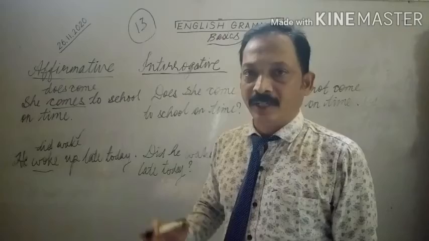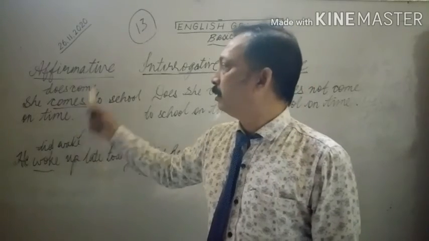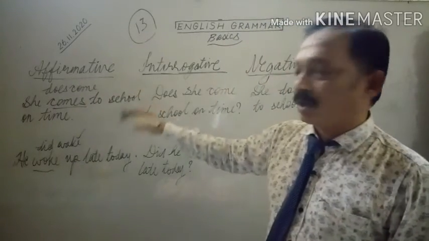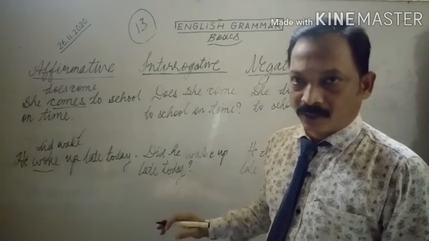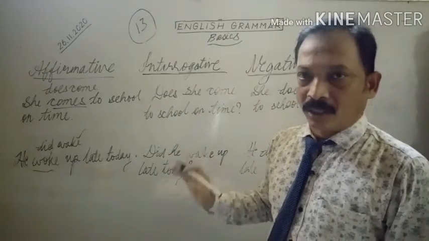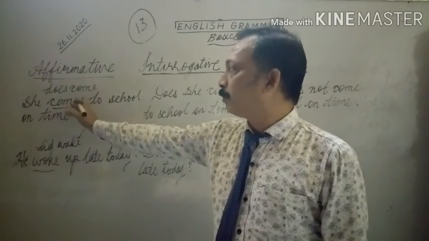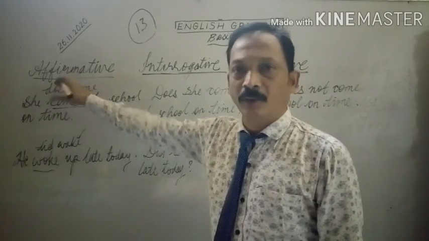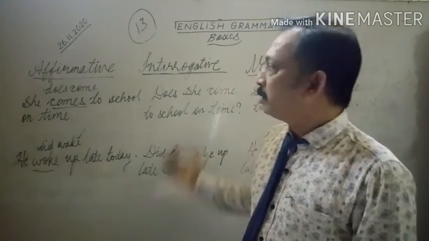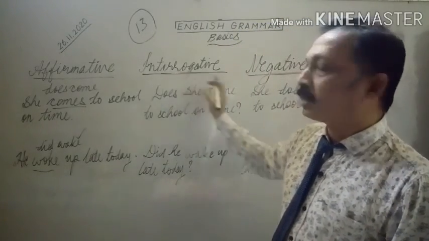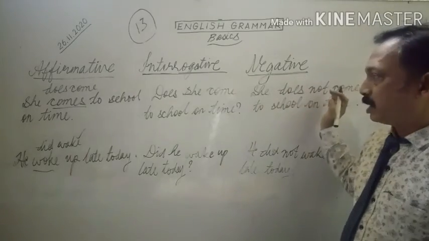We have learned it already, and today we learned the sentences where the main verbs are present and no helping verb is present directly. So you break it up and take out the helping verb, which is necessary to change a sentence into an interrogative or a negative sentence.